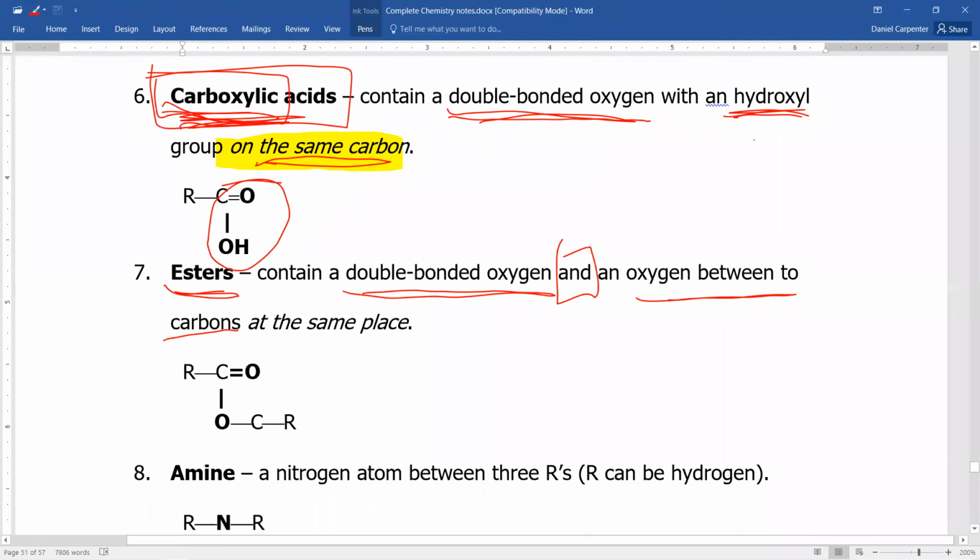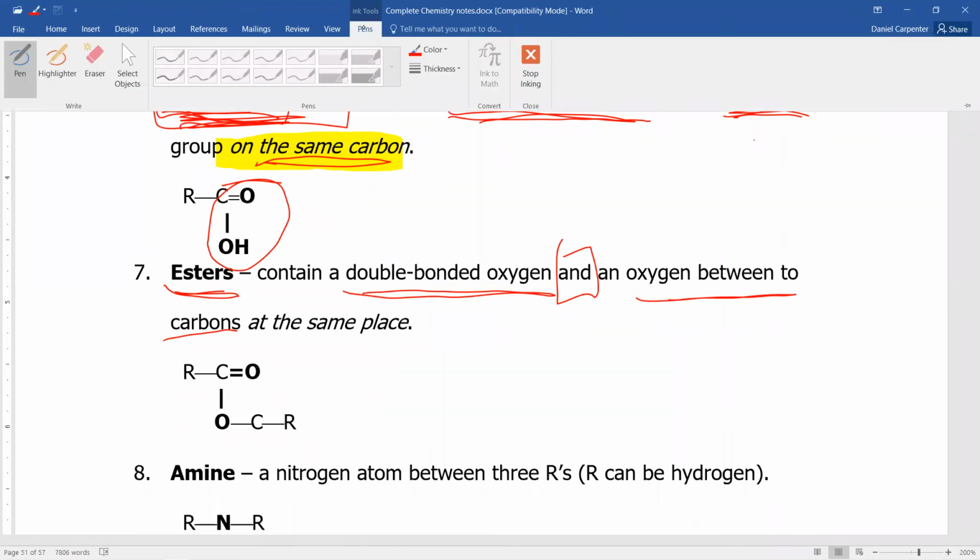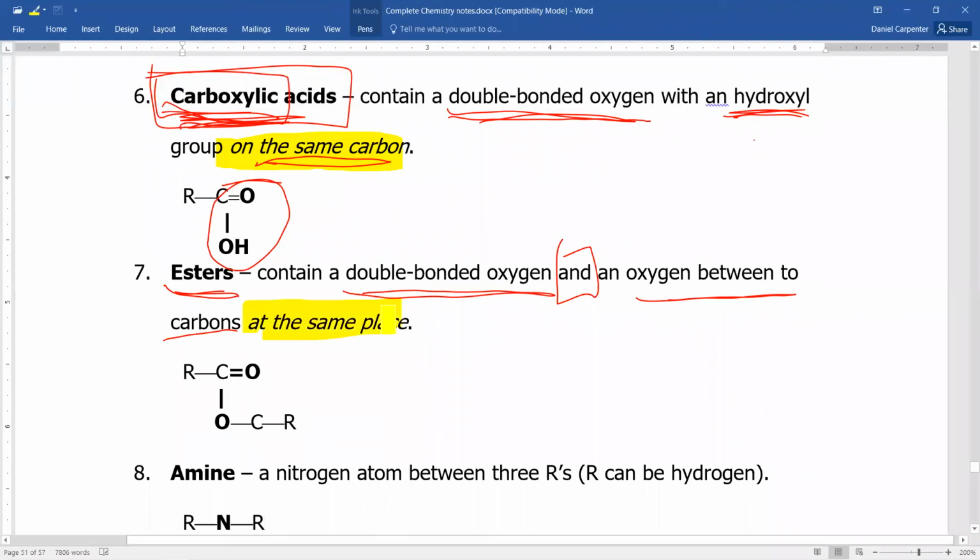So that's kind of like putting together an aldehyde or ketone and an ether. But the key is they have to be at the same place. What has to happen here is the double bonded O has to be connected to one of the two carbons attached to the O in the middle.